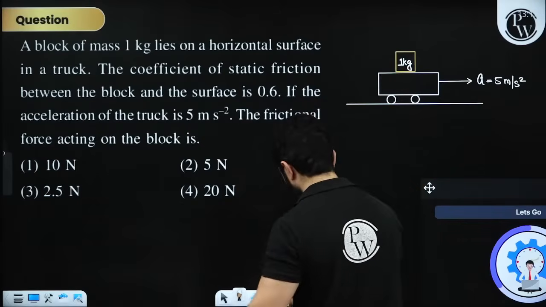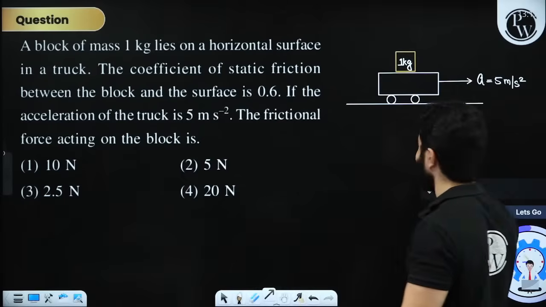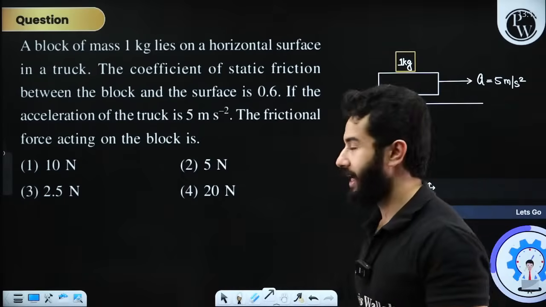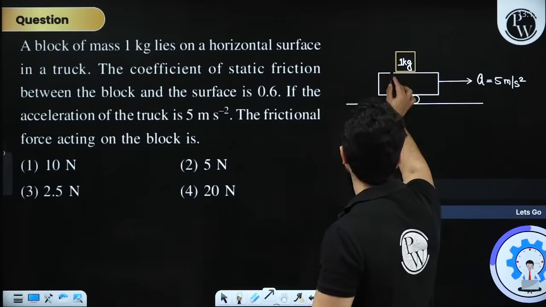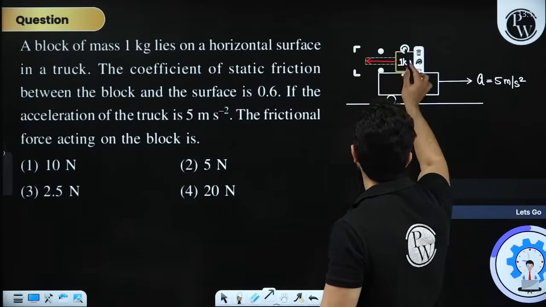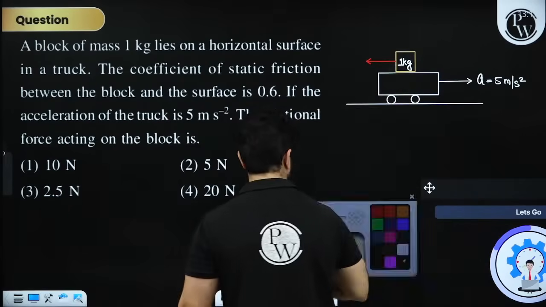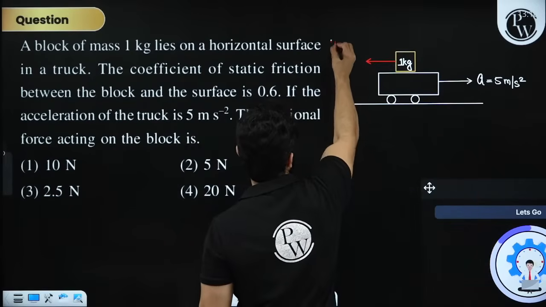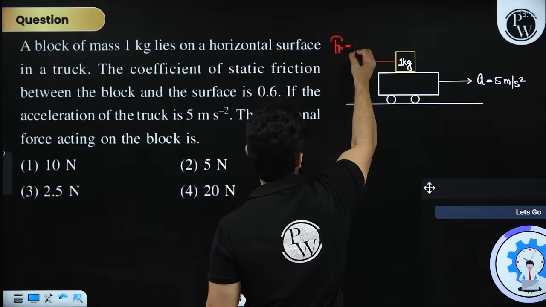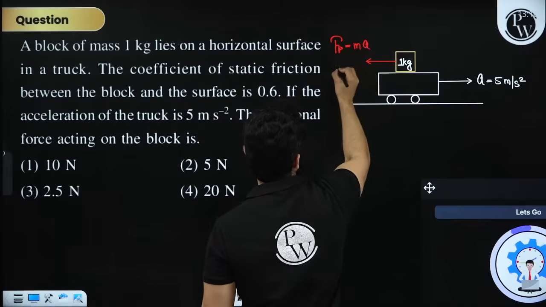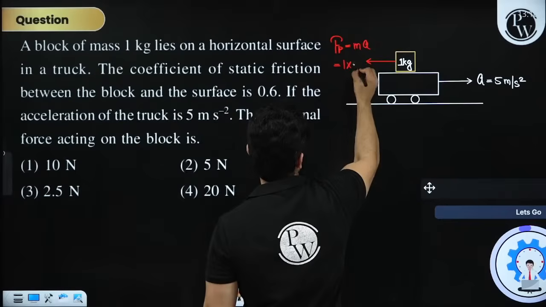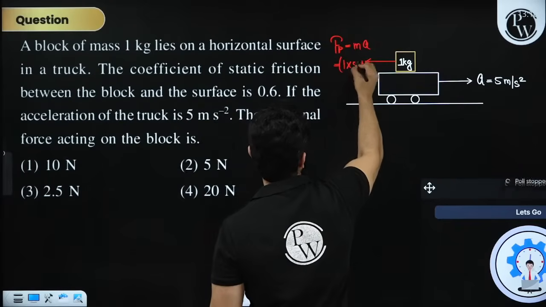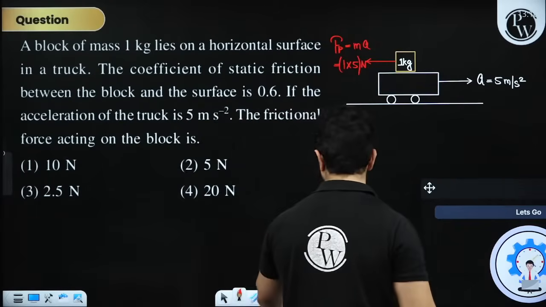So dosto, there will be a pseudo force because of this acceleration, acting on this block in the direction opposite to the acceleration, and this pseudo force will be equal to mass of the block times acceleration. Mass is 1 and acceleration is 5, so this is going to be 5 Newton.